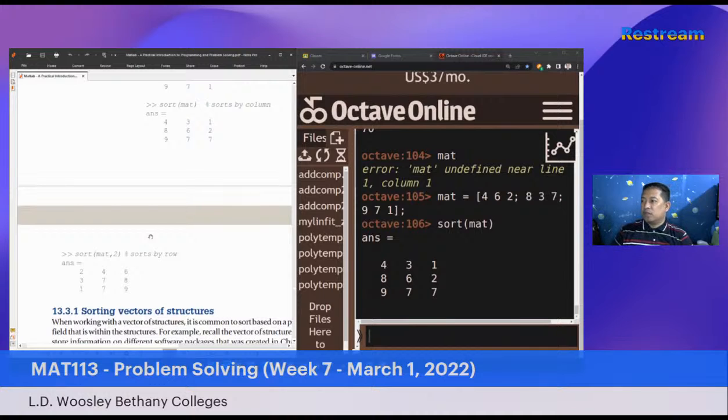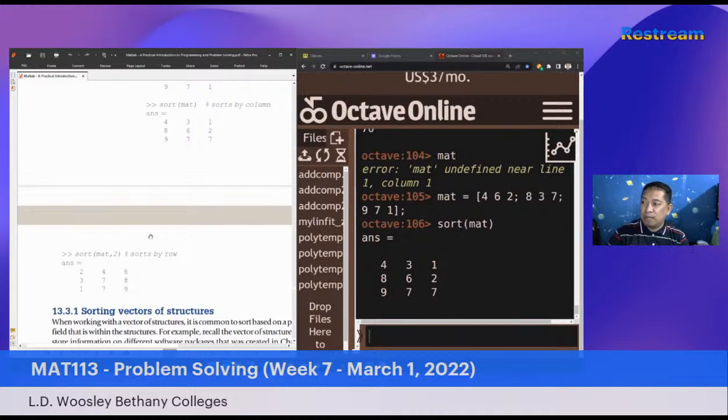Okay, sorts by row. So this time, sinort niya lang yung row. Yung kanina pala naalala ko na, kinuha niya yung mean sa row, hindi mean sa column. Makakalimutin na kasi ako ng command.